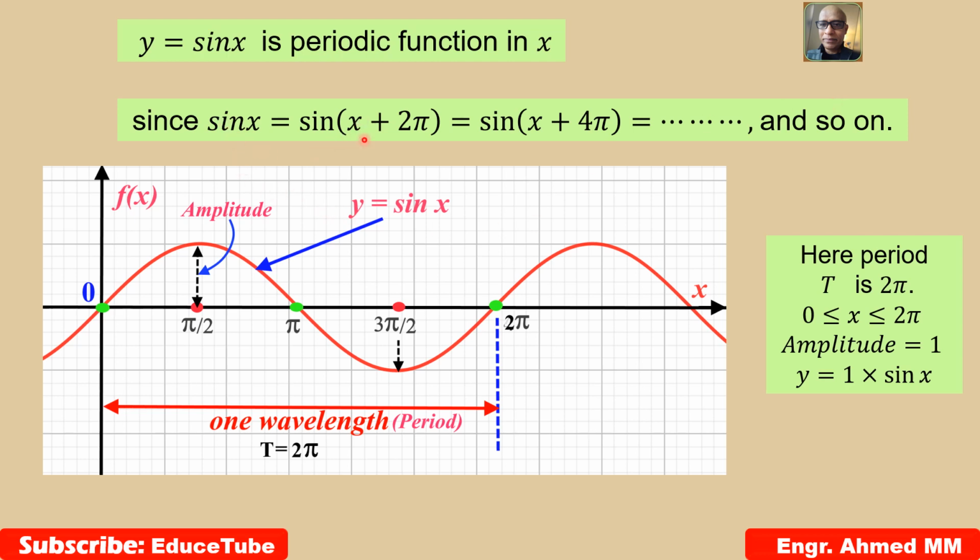So what's the difference between these two? 2 pi. Again, the difference between these two is also 2 pi. If there were another term, the difference between these two would also be 2 pi. 2 pi is the period. In brackets I have written periods.